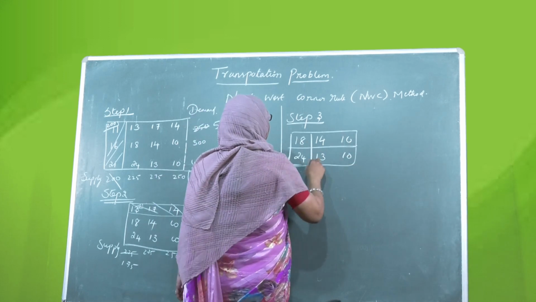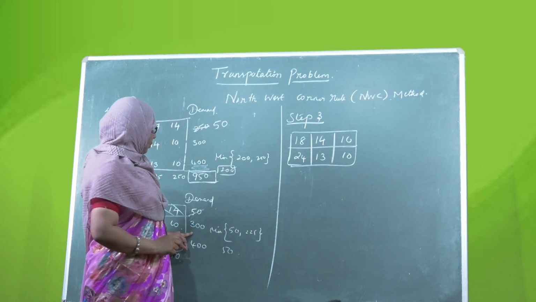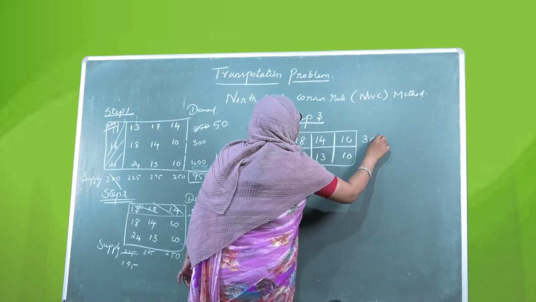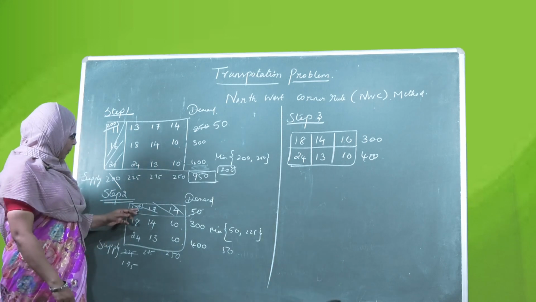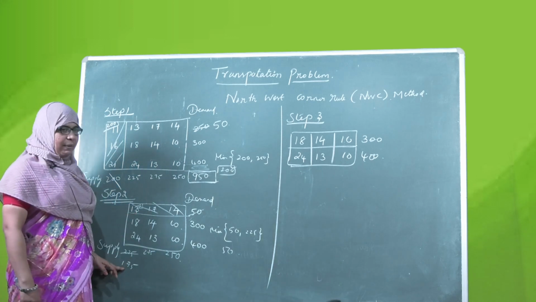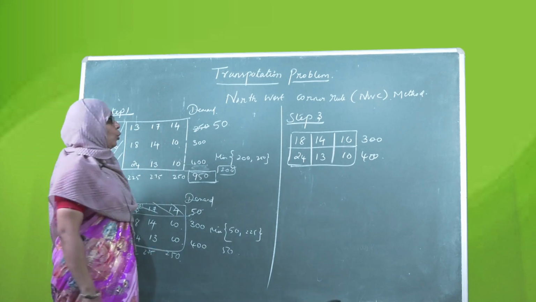The demand is 300 and 400, and the remaining supply column-wise is 175, 275, 250.